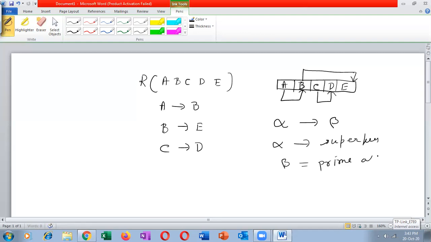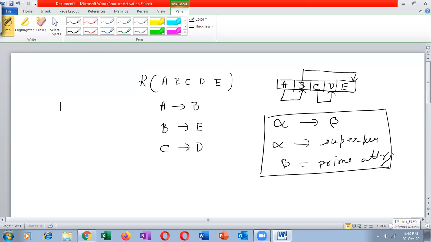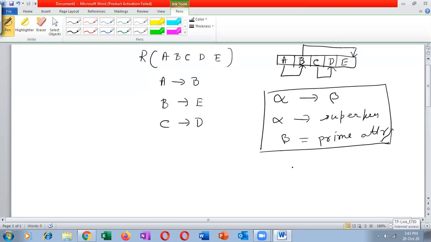If so, then we can say that this schema is in third normal form.